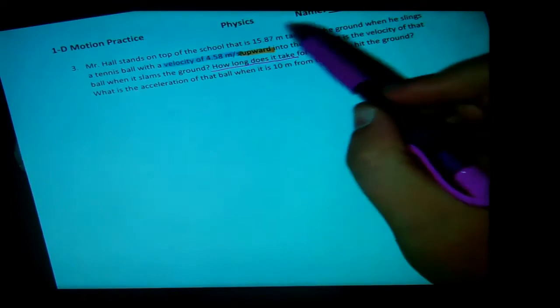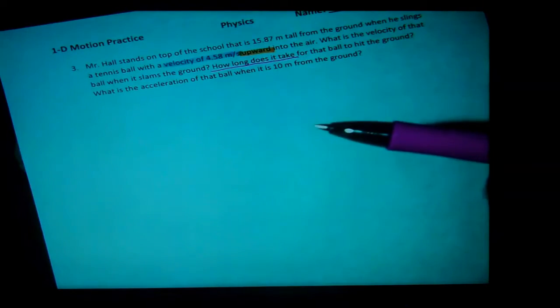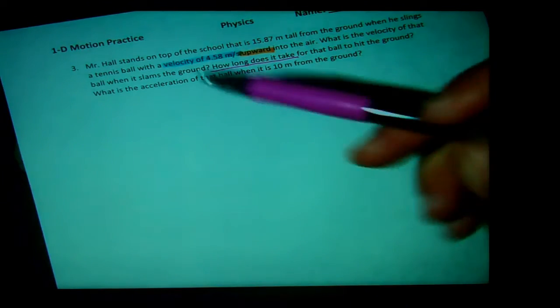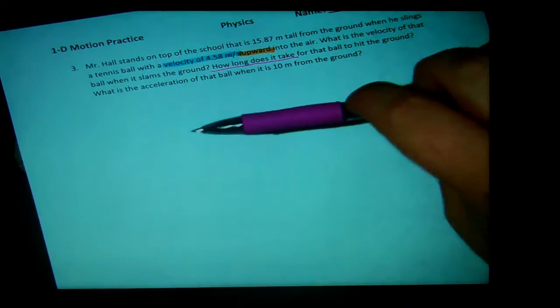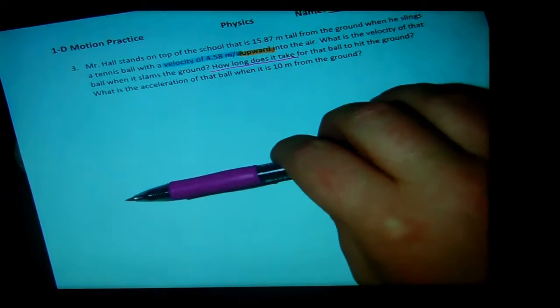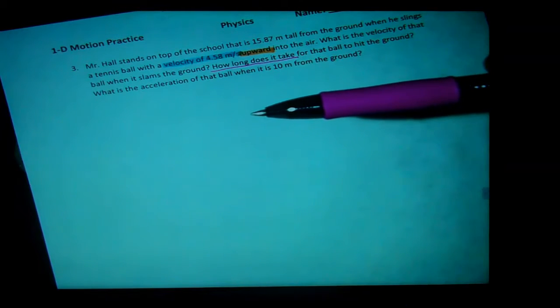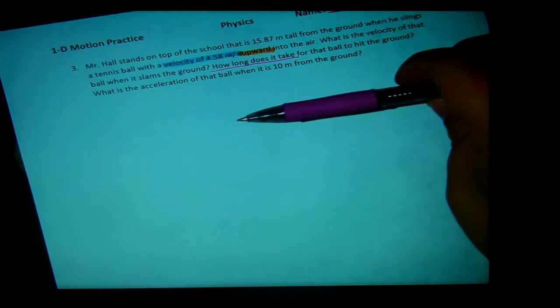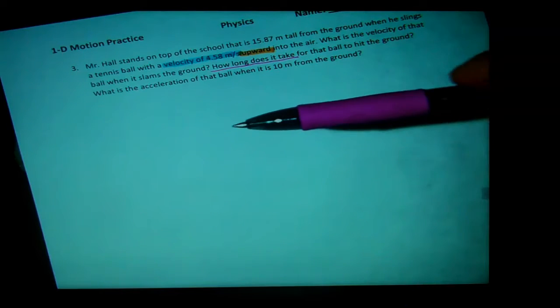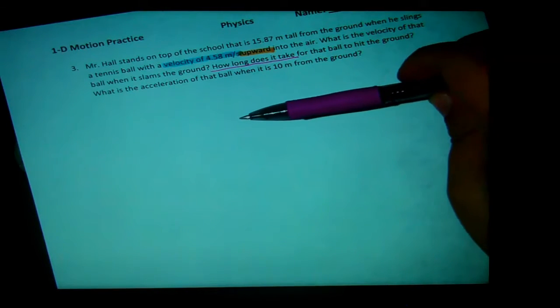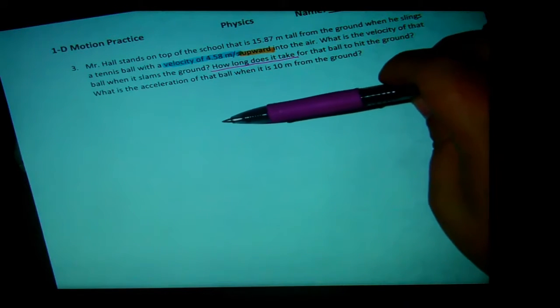Why? Because if something goes up in the air and comes back down, what accelerated and decelerated it is literally gravity the whole time. So if something goes up and comes back down to the same point where I threw it up, it has the same velocity, but the direction has changed.